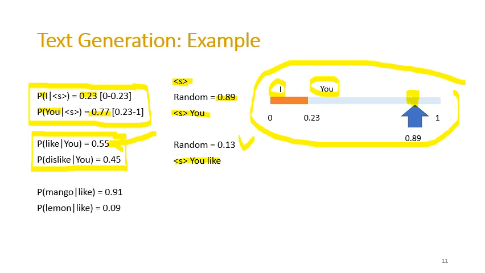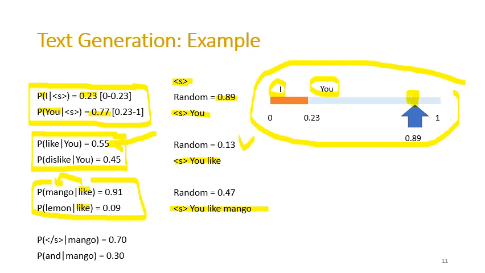Keep going. If the history is the word like, what are the possible words that follow it? Suppose again only two words are possible, mango or lemon, with these probabilities. Then you throw a random number again, and you get mango. So now the sentence becomes you like mango.